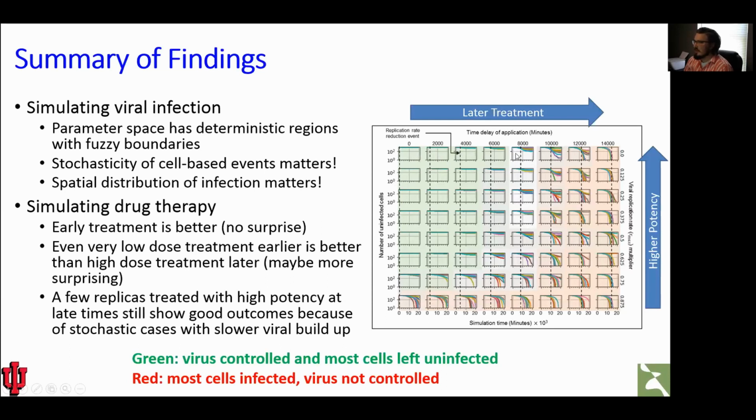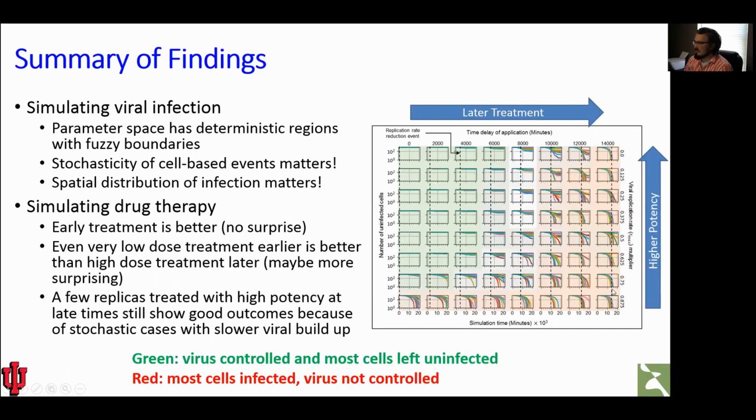Whereas moving to the right with later treatment and weaker treatment, we see lots of curves for a number of uninfected cells going to 0, meaning that everything in the very least was infected, if not killed. And this is shown in red shaded regions as well.